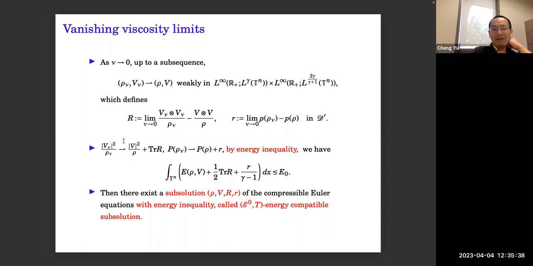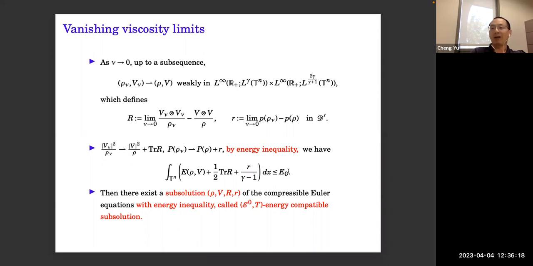If we put this little r here, then v square over rho, for the Navier-Stokes solution, also weakly converges to this term, which is trace r. Then we can look at the energy inequality from the Navier-Stokes level, and the weak limit satisfies this inequality.